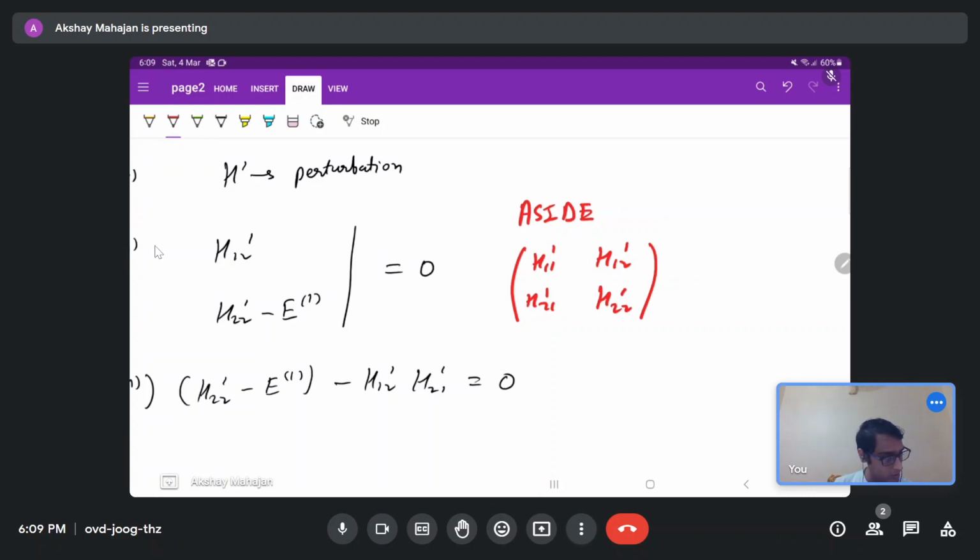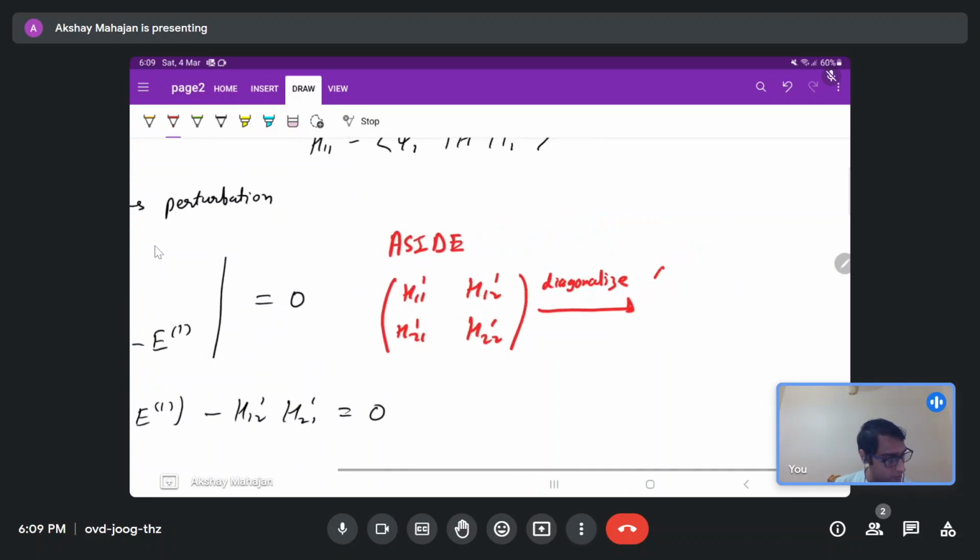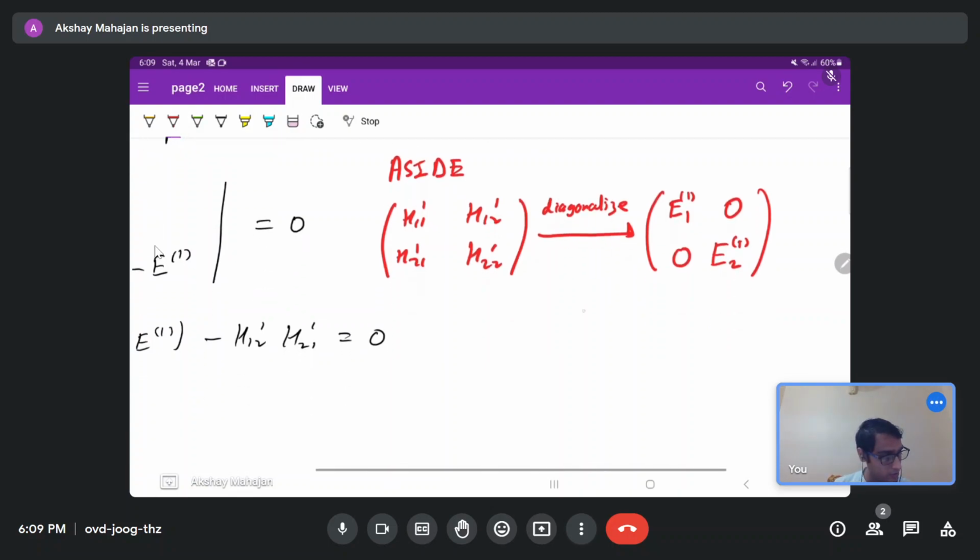That will give you two eigenvalues for the first order, and those will be your first order energy corrections, E1 of 1 and E2 of 1.